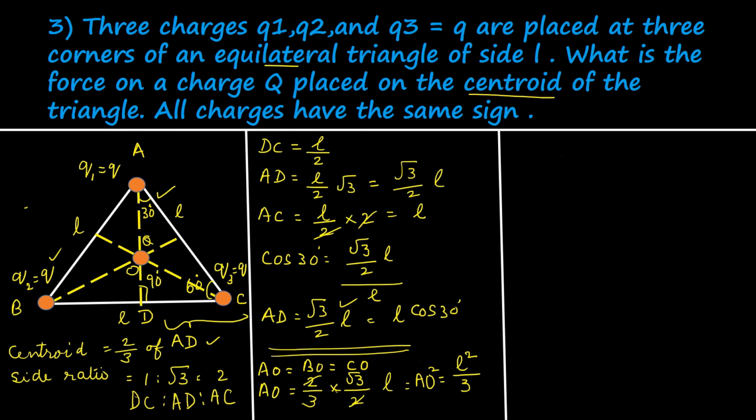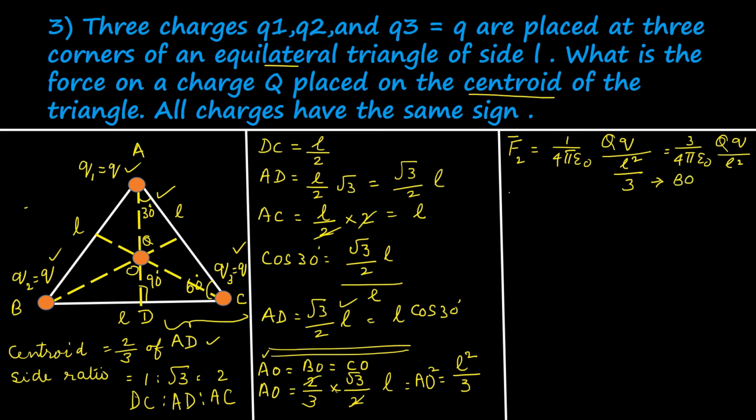It is also equal to BO and CO. Force on Q due to Q2 is equal to 1 by 4 pi epsilon naught capital Q small q, because it is mentioned in the problem that all the charges present at the corners are equal to Q, divided by square of the distance between Q and capital Q, which is equal to L square by 3, which becomes 3 by 4 pi epsilon naught capital Q small q by L square, along BO.